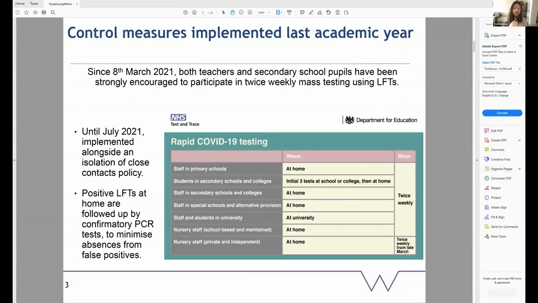So if an individual was identified as COVID positive, all of their identified close contacts would have to isolate for a period. In secondary schools, since March 2021, this has been implemented alongside a policy of twice weekly mass testing using lateral flow tests. The combination of these has the potential to lead to many absences.